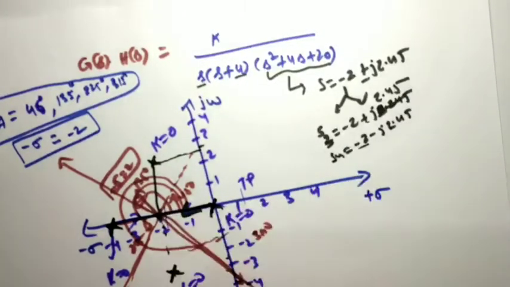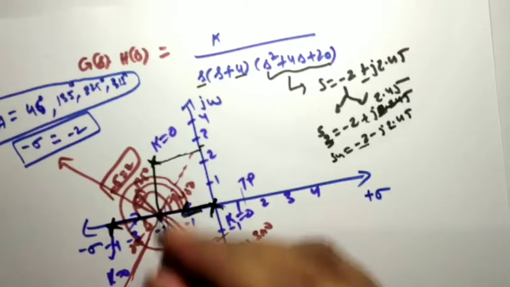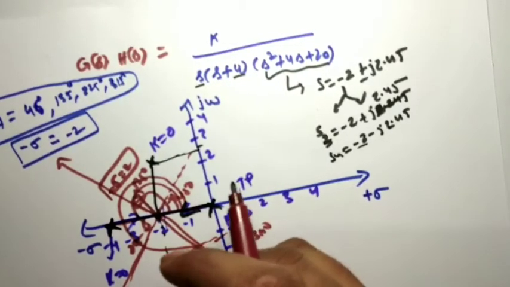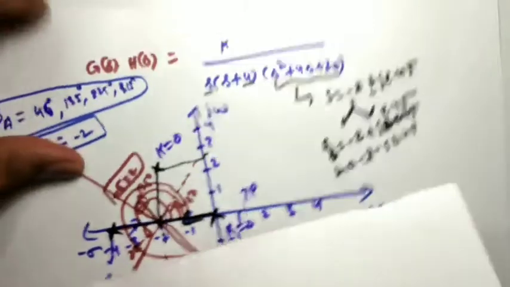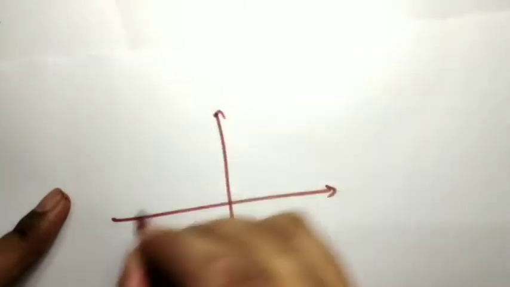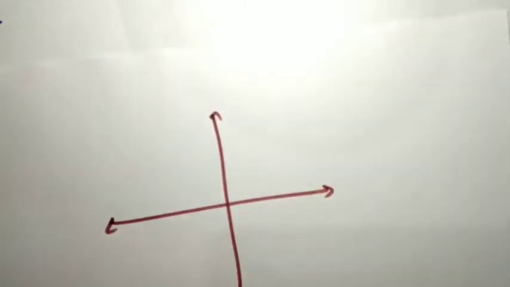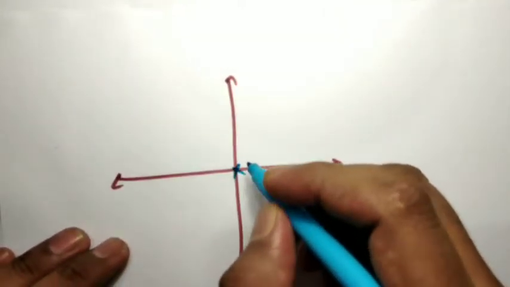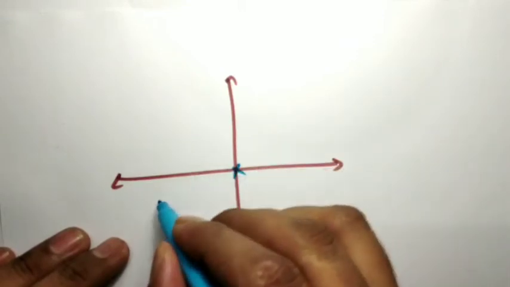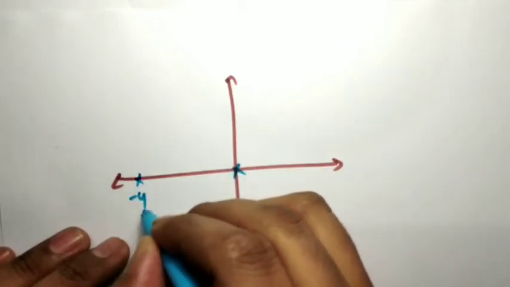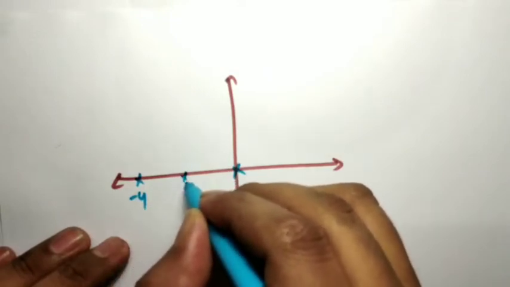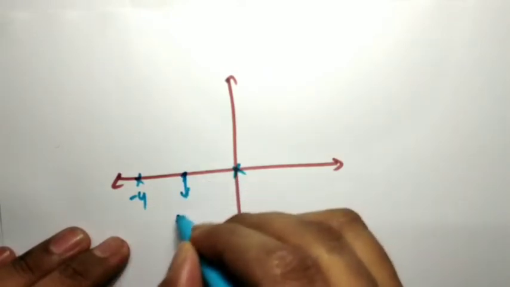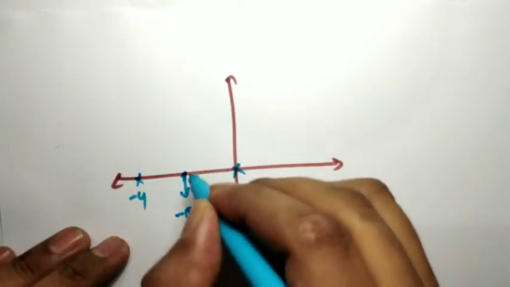We'll take a fresh sheet and I'll explain it here. You know this is 0. This is s equal to 0 and s equal to -4, and our centroid is s equal to -2, right?